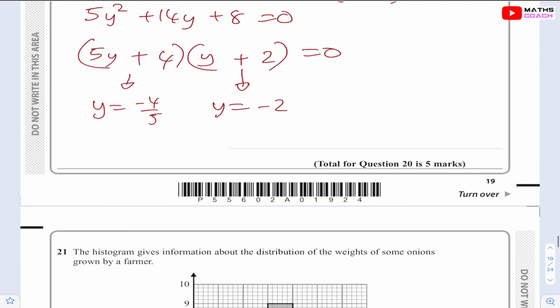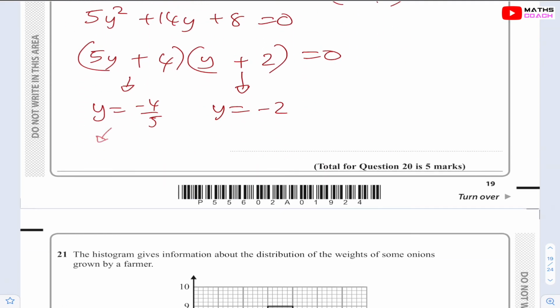So let's do it down here. Therefore x is equal to 7 minus 4 times y, all over 3. Now our y is minus 4 over 5. You can just put this into your calculator, and x will be equal to 17 over 5.